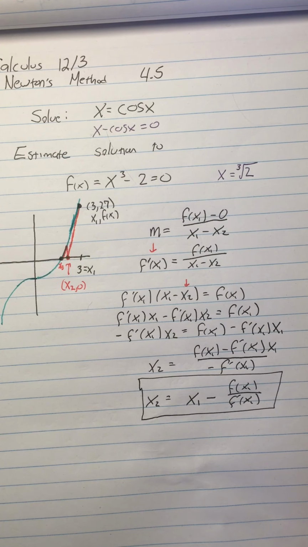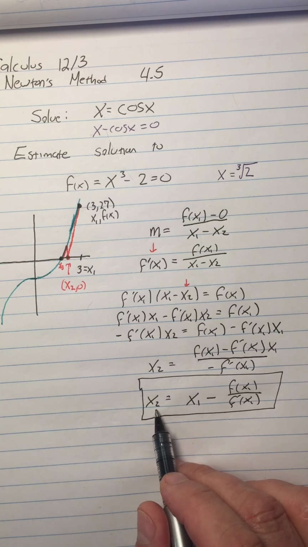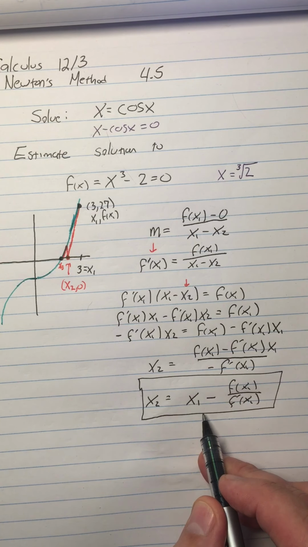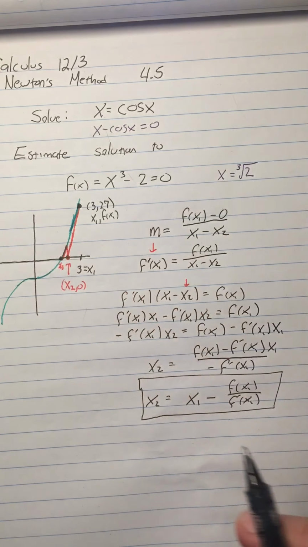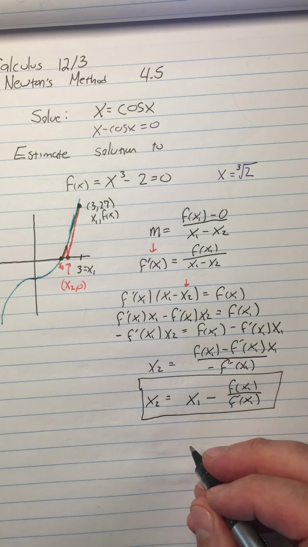We can also generalize this, because if I get my x2 and say, okay, now I'm going to have this x2 be my new x1, and then I'm going to find an x3, I could continue this process and make multiple estimates.